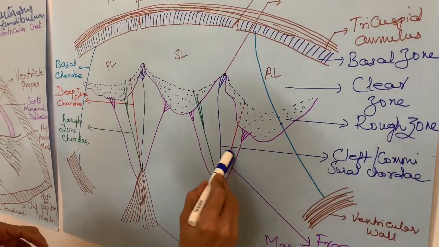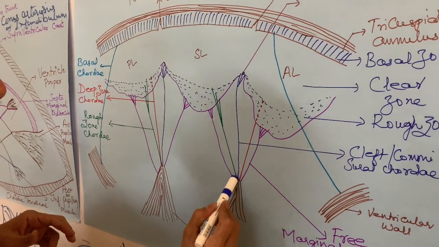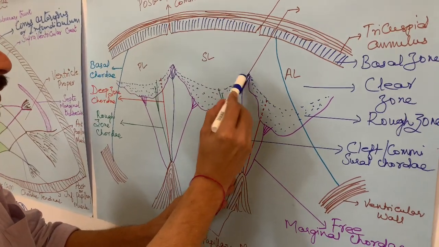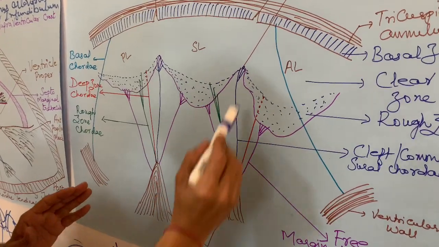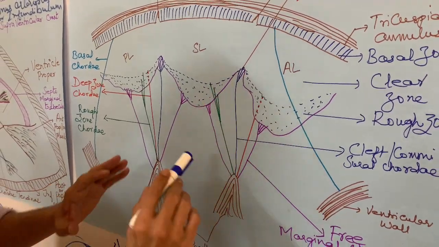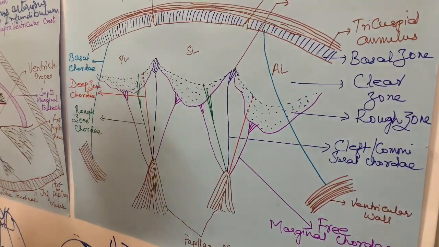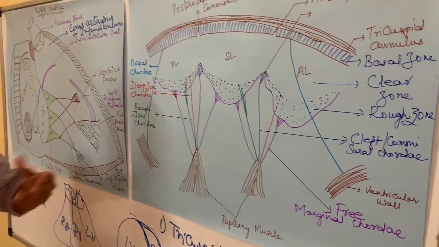It's clear. They extend from the papillary muscle and end between the two leaflets, within the commissure or the cleft, hence they are called cleft or commissural chordae.